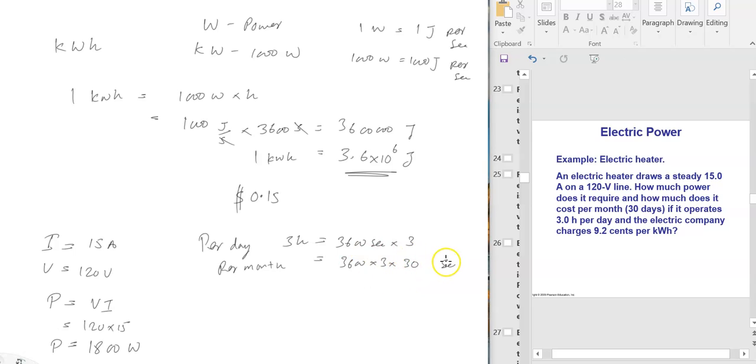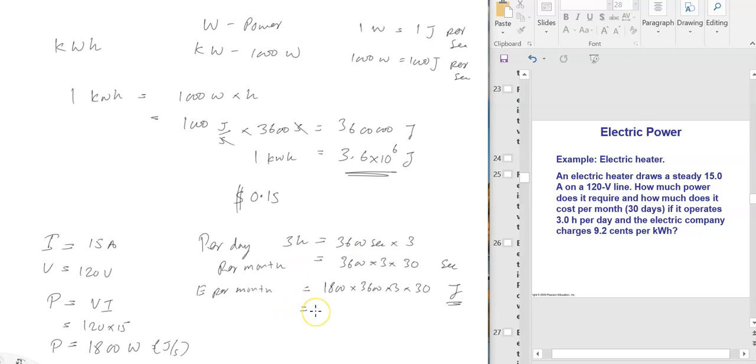So this many seconds per month we are using this. So the total energy per month, it's using 1800 joules per second for this many seconds, right? So that will be 1800 times 3600 times 3 times 30 joules. This is the total amount of joules we are using per month.